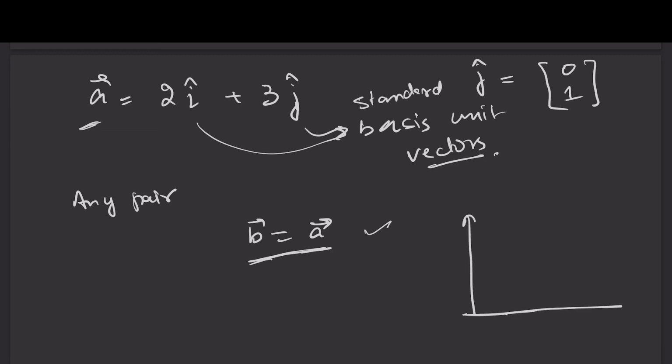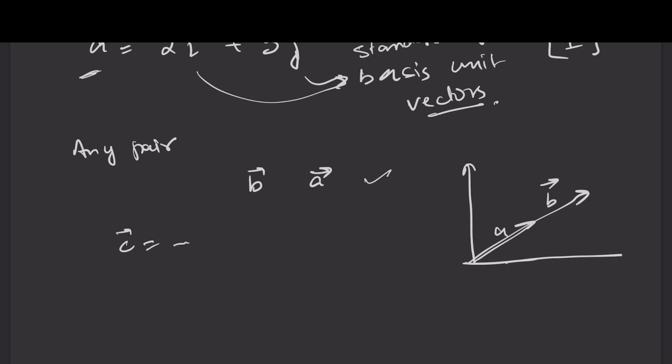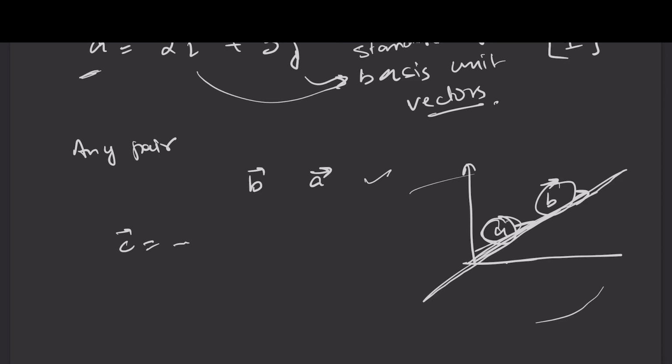For example, if we have A in this direction and B is also in the same direction, maybe with a different magnitude, we cannot write any other vector as a linear combination of these two vectors, because the span of these two vectors is just a single line and does not represent the whole plane. We can write B vector as a constant times A vector. So we can say that these two vectors are linearly dependent.